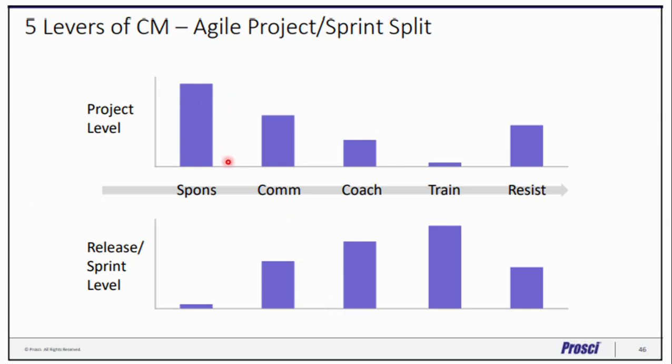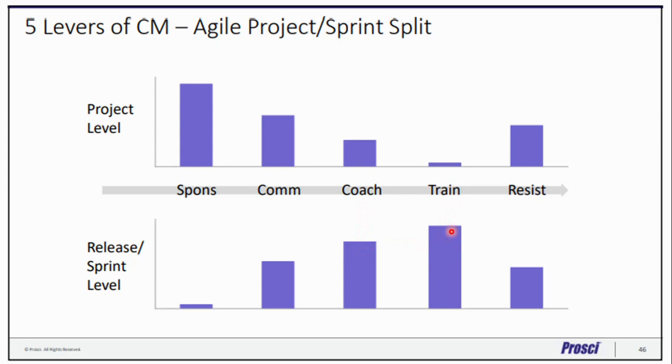So the coaching of your sponsors is maybe more at the project level. Communication splits 50-50. Coaching is more at the sprint level, because it's more technical. The coaching boils down to how the system is doing, how you can operate the system, for your sponsors or the change managers. So it's more skewed towards the sprint level, but here also there is substantial coaching at the project level.